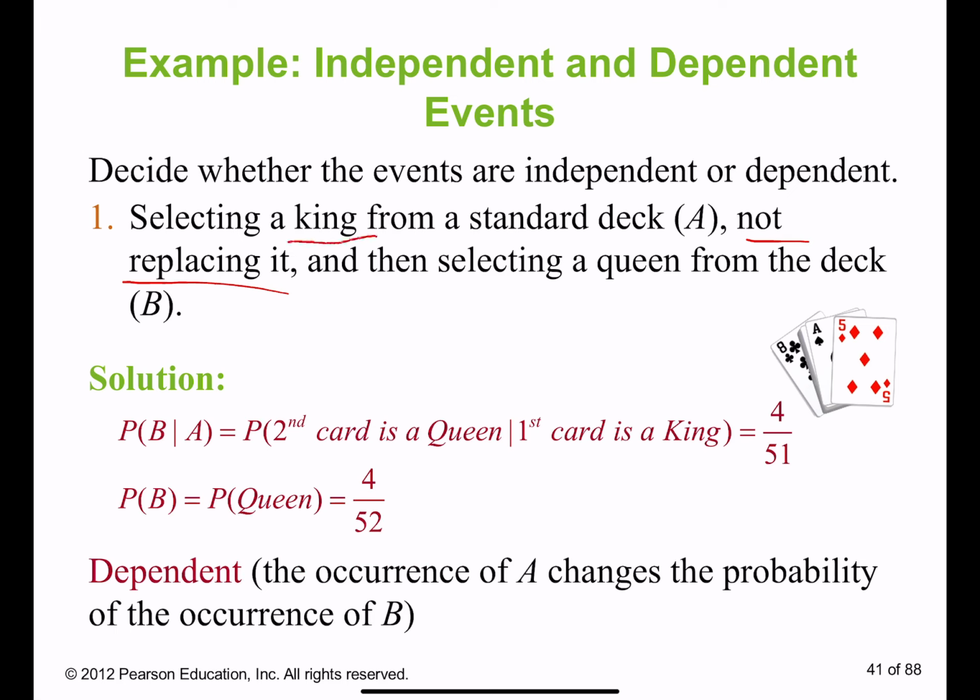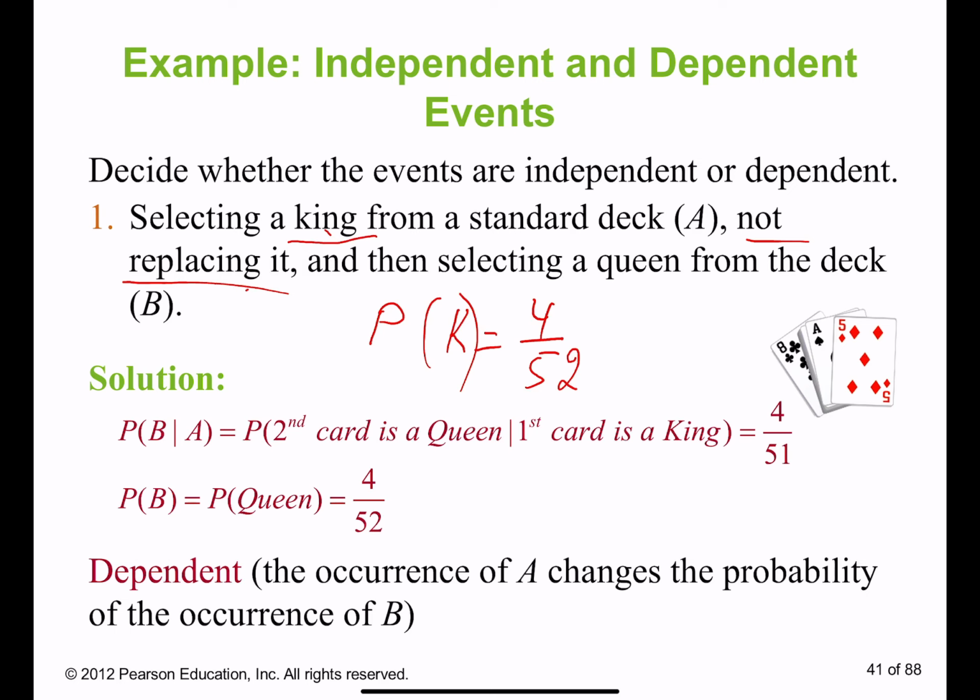Selecting a king from the standard deck, it's going to be 4 out of 52. And then not replacing, which means it's going to be left with 51. Wait a minute. What is happening?